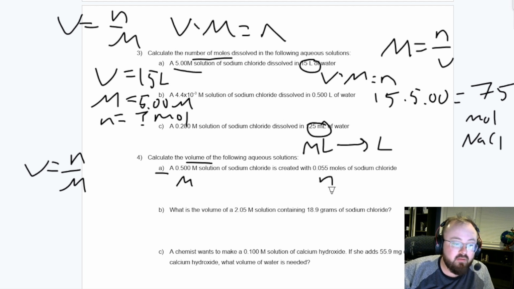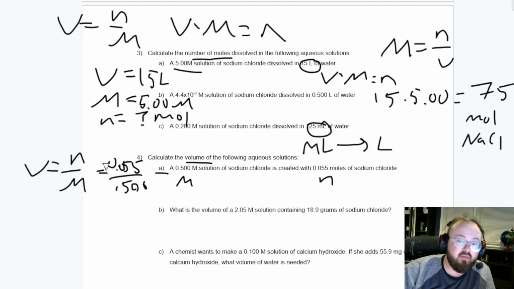There's my n. Okay, nice and easy. My volume would just be 0.055 divided by 0.500. So I can just do this math real quickly.